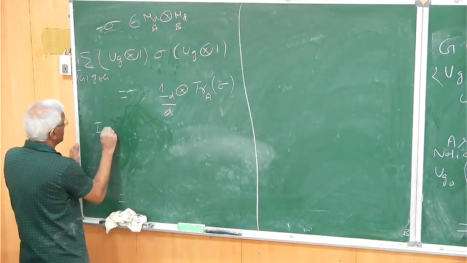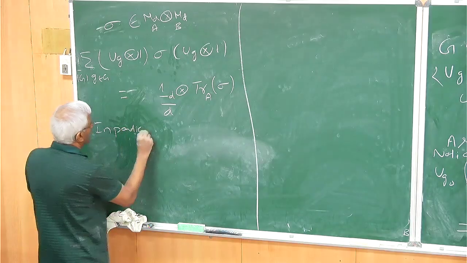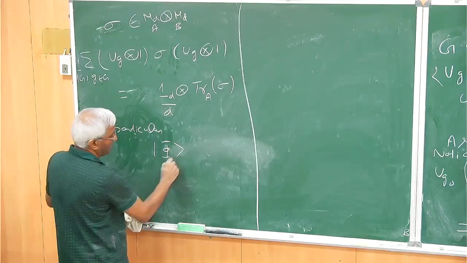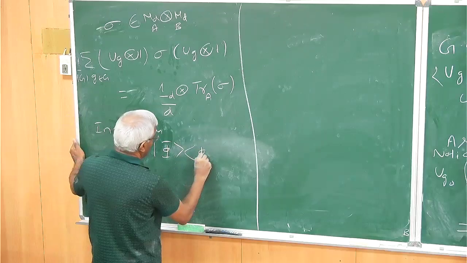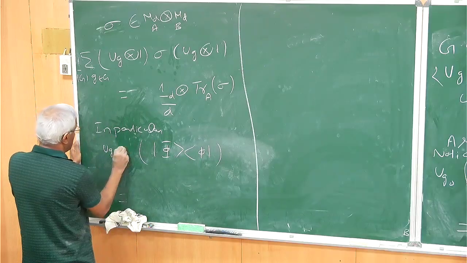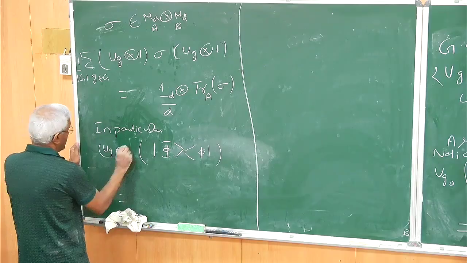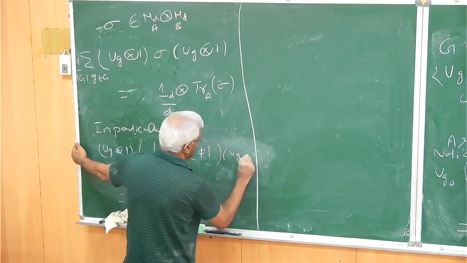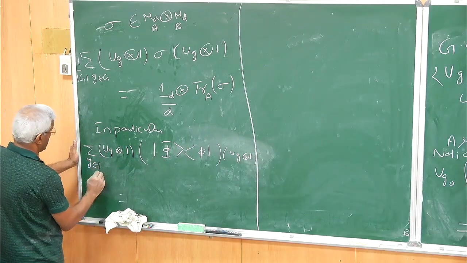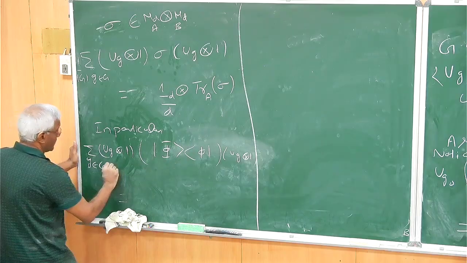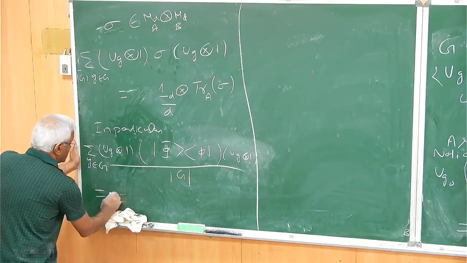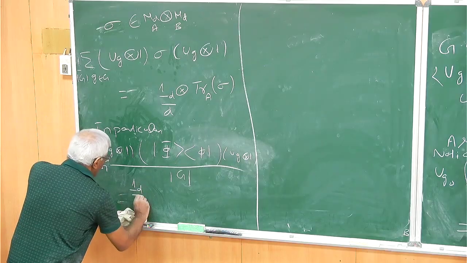In particular, you take the maximally entangled state phi, apply U_g tensor 1, summation over g in G with 1 by mod G. This will be equal to 1_D by D tensor.